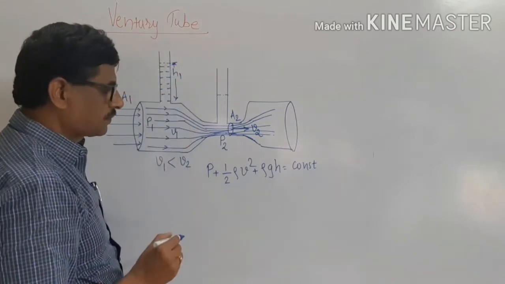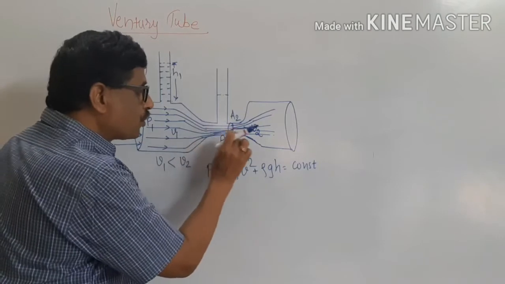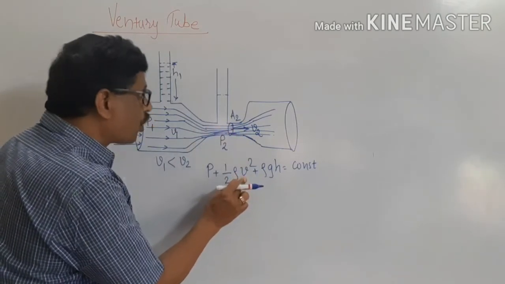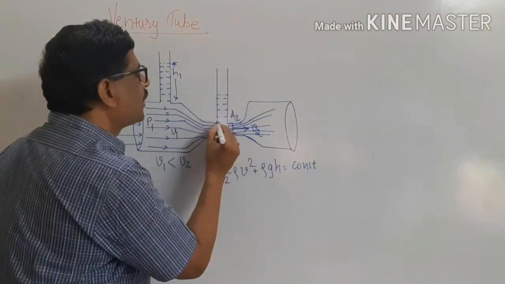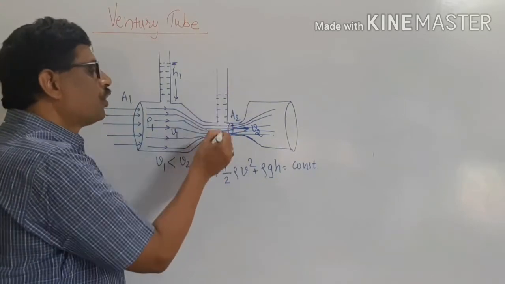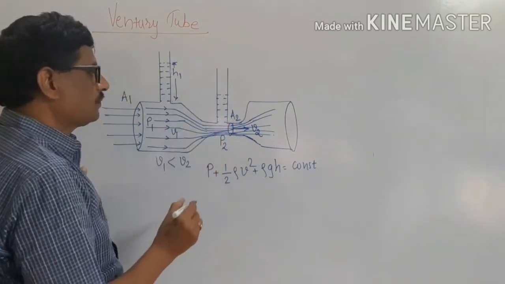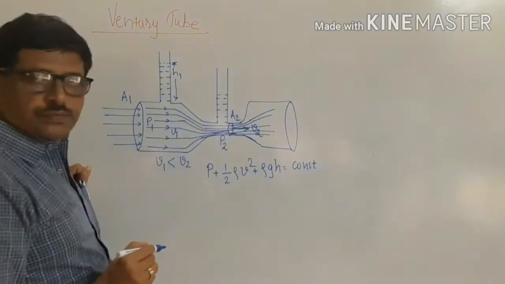And in a narrower region, the liquid flows with higher velocity, and as the velocity is more, its pressure is less. Therefore, this is the height of the liquid level in the tube which is connected to the narrower part. Let this height be H2.